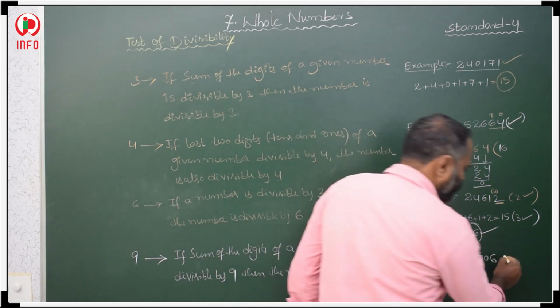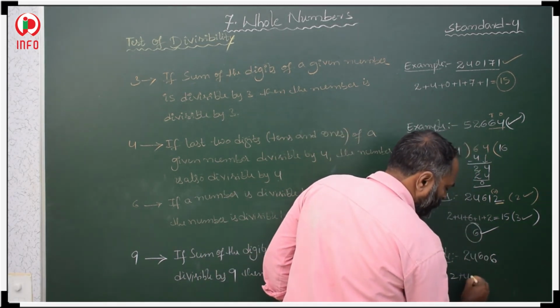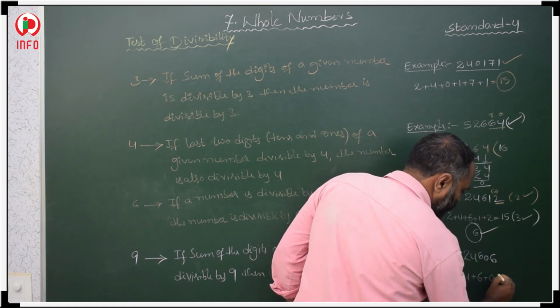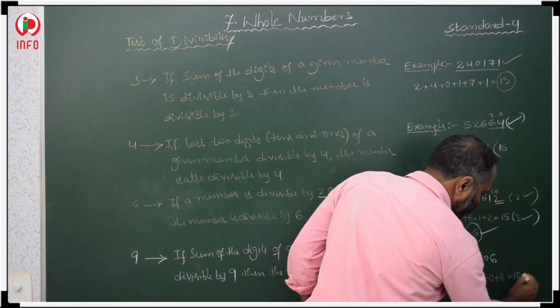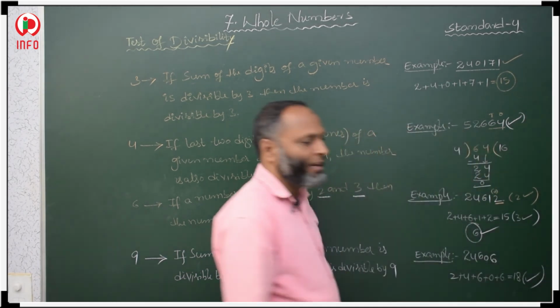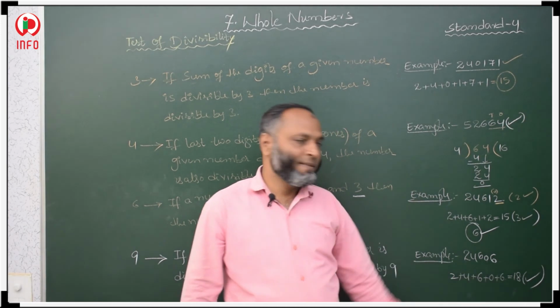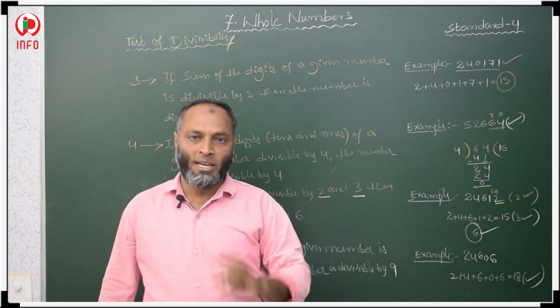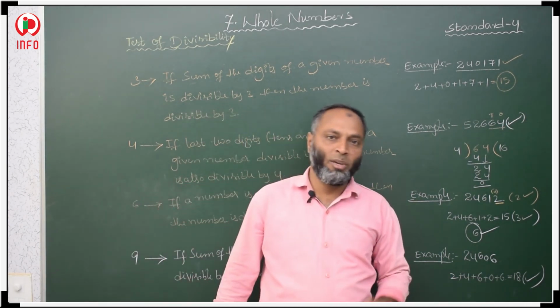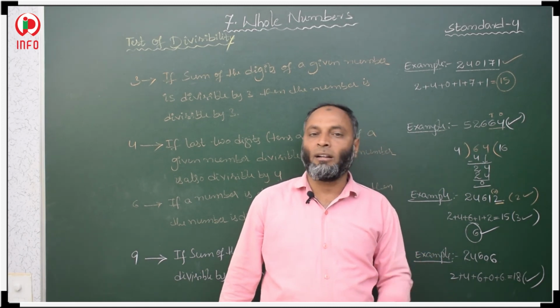What is the sum? If you add 2 plus 4 plus 6 plus 0 plus 6, it gives 18. 18 is divisible by 9, because 9 twos are 18. So this number is also divisible by 9. This is the condition to check whether the given number is divisible by 9 or not.